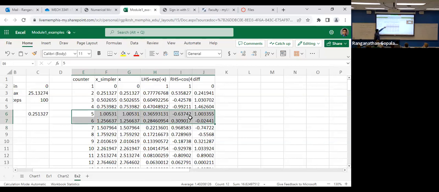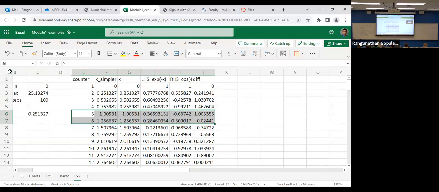There must be an intersection point that lies between 1.005 and 1.257 because the sign is flipping right here. Is everybody seeing that? Between these two, there must be a root, or there must be the intersection point, right? So there is nothing that prevents us.